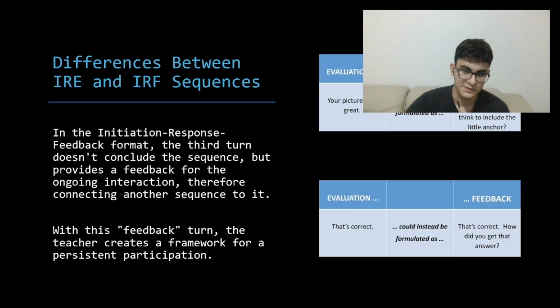In the second example, we can see also that's correct. Instead, we can say that's correct. How did you get that answer? Keeping what the student says going, and getting more ideas, more sentences, letting the student speak more.